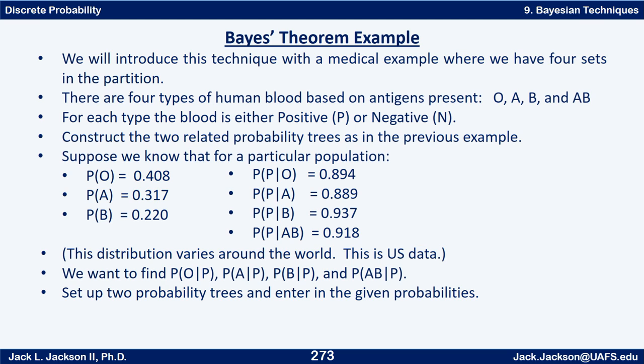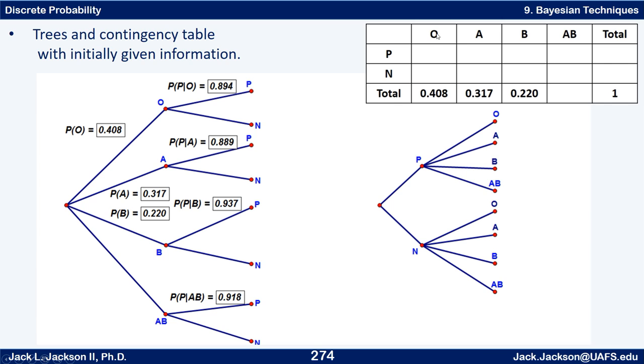Okay, well, if you look at it, it should look like this. We've got our blood types here, O, A, B, and AB, and then we've got our two factors here, positive and negative. We know the total is 1. We're given the probabilities of O, A, and B, which are these numbers right here. The conditional probabilities don't show up in the contingency table, but they show up in the tree.